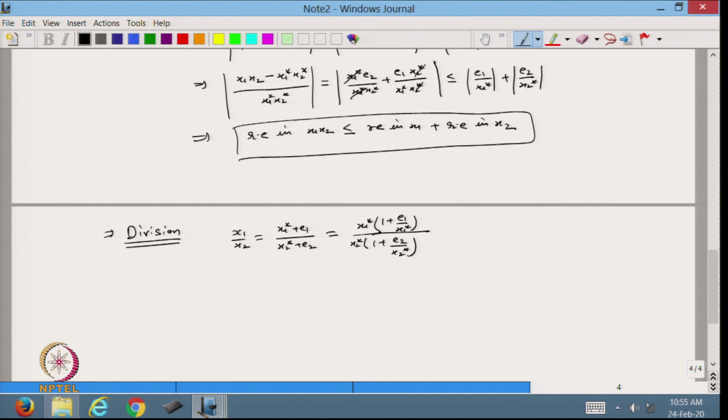So, I can write this as x1 star over x2 star, and 1 plus E2 by x2 star inverse. Now, this is a binomial, so I can expand this one using binomial expansion.